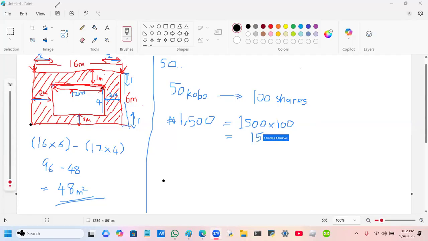So that means it's going to be 150,000. And this is in kobo. I'm going to write it out.